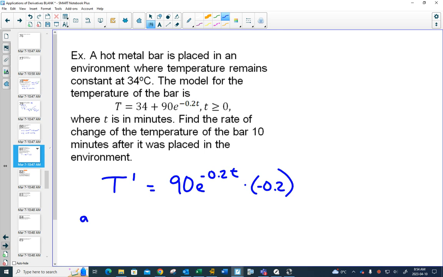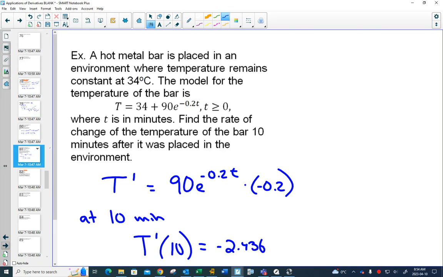And at 10 minutes, we plug this in. And you get negative 2.436.